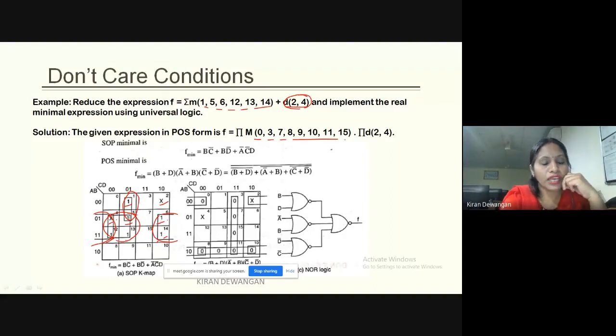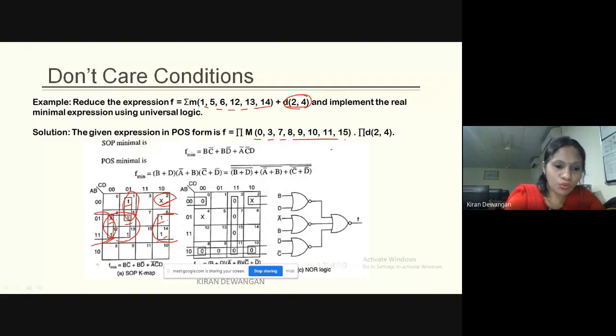Clear? So we have 2 quads. And this one, a don't care term, is left. We can just leave it. We don't want that one. Clear? It is not compulsory that we include all the don't care terms. Don't care means that if it is required, we'll include it in the formation of a quad or pair. But if it is not required, we can just ignore those terms.